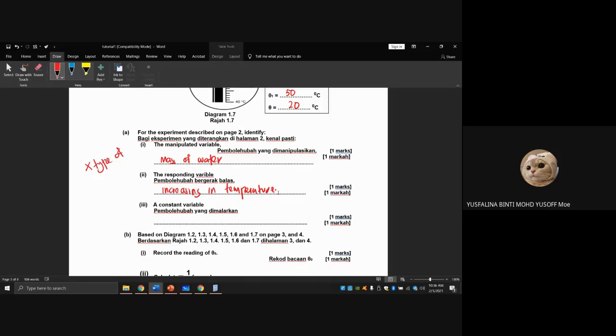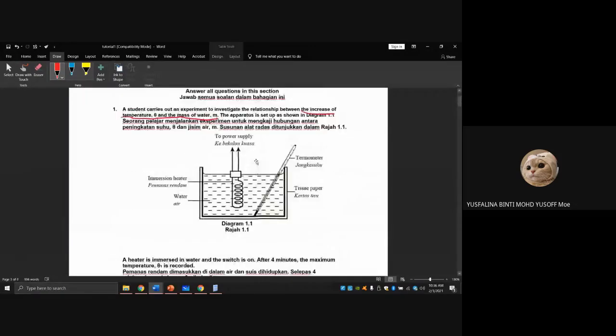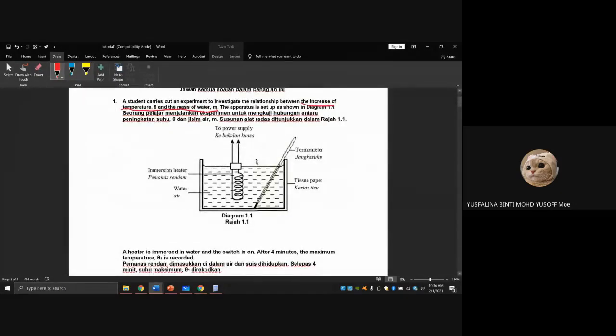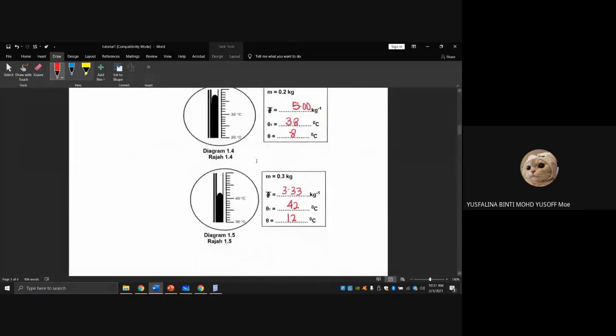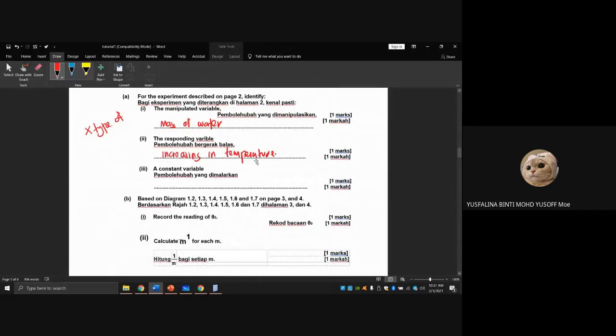Okay, let's see on the diagram given, the apparatus. What do you think that can be? Yes, very good, the power supply. But you cannot put the power supply, it must be a physical quantity. So what is the physical quantity given by the power supply?